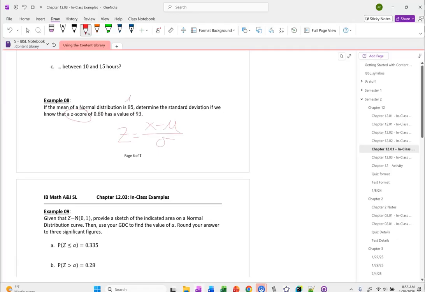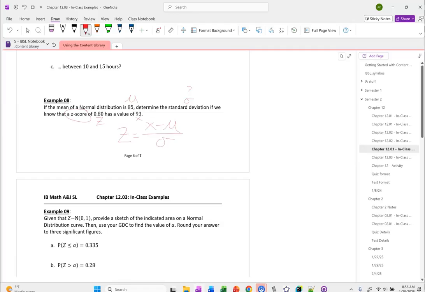So I have, given the mean, I want the standard deviation. I'm given a z for a specific x. Do I have everything I need here to solve? The formula has 4 inputs.